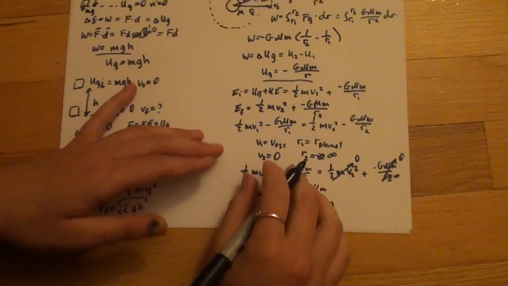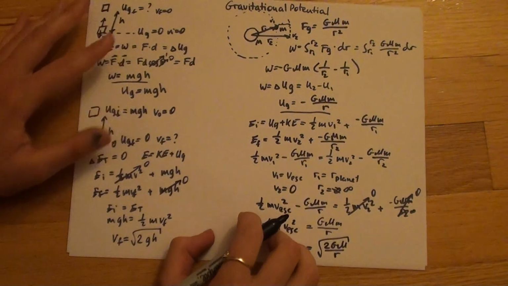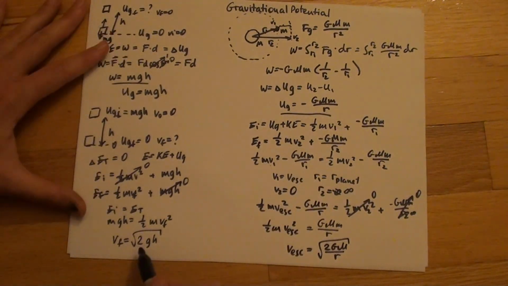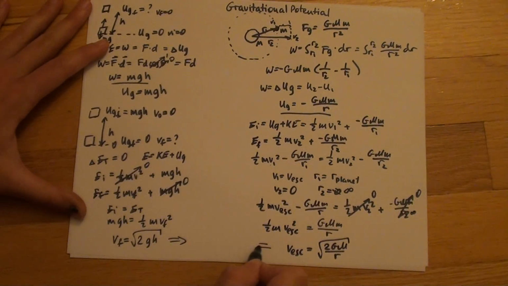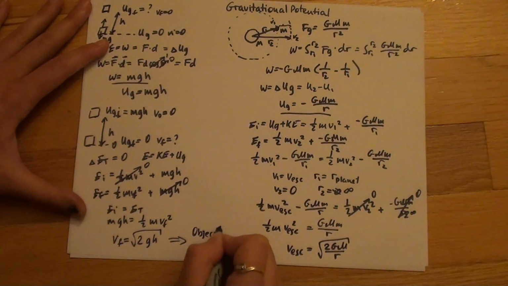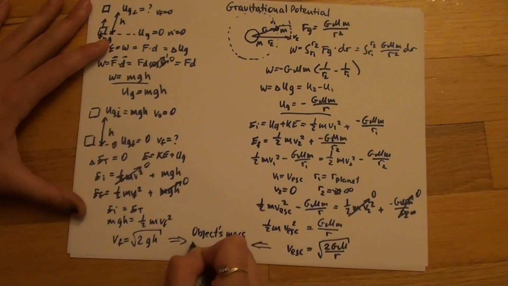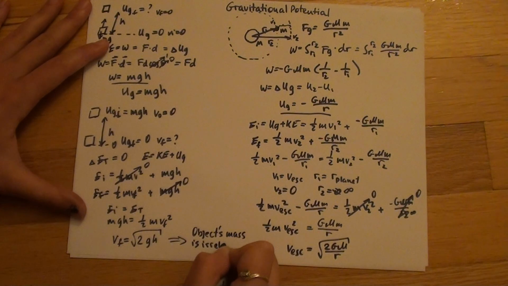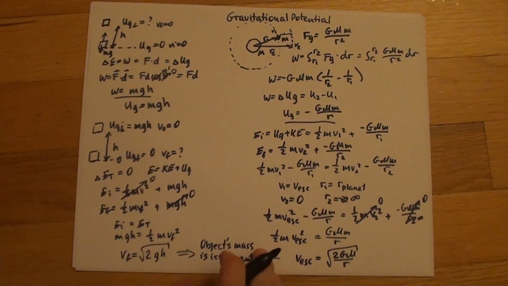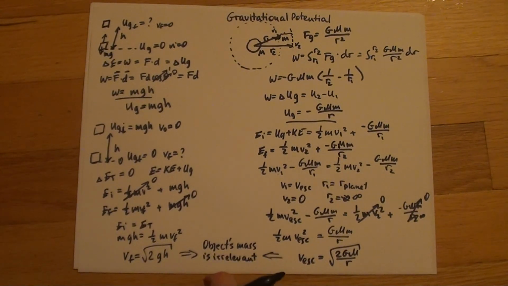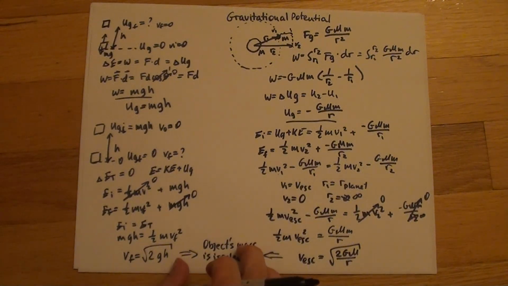And an interesting thing is that neither this equation nor this equation has the object's mass in it. So the object's mass is irrelevant, right? Alright, so that's about it. Also worth noting that because of this, it's a conservative force, and that's all for today.